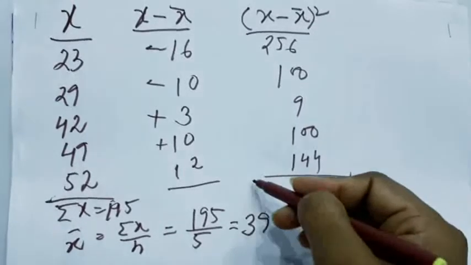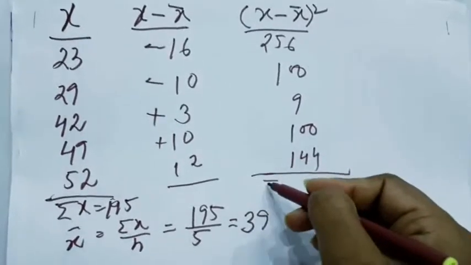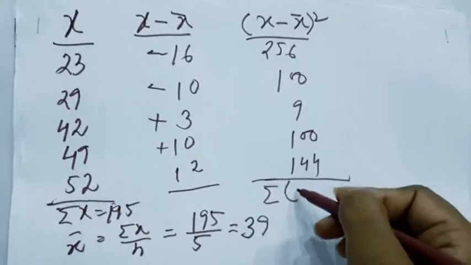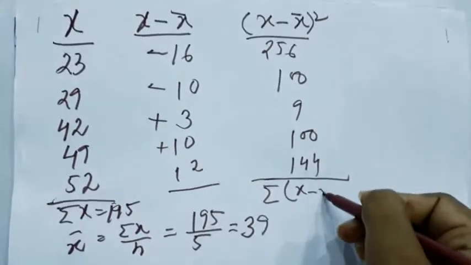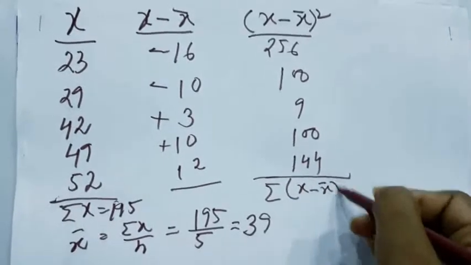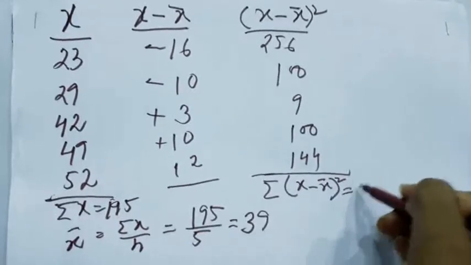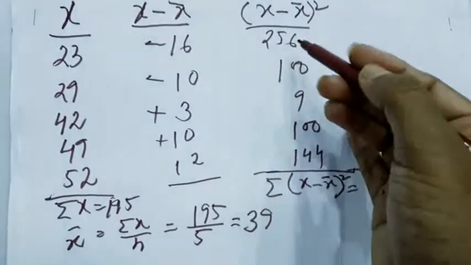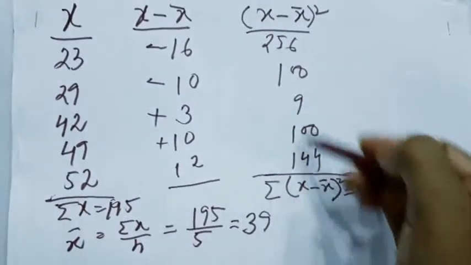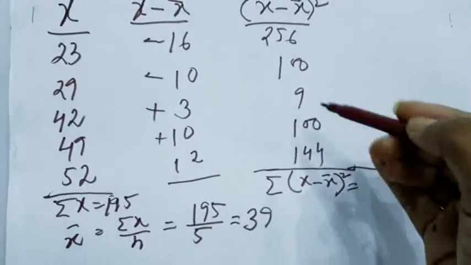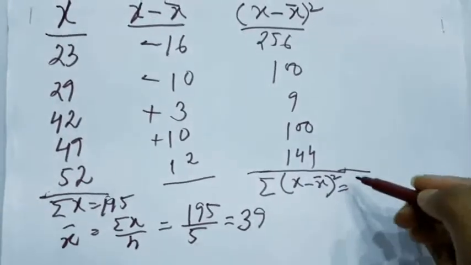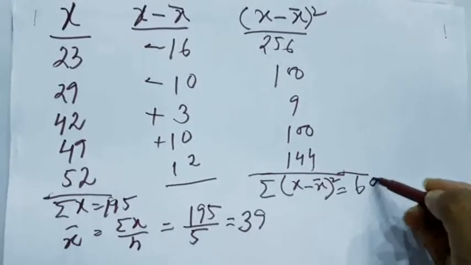Now if we sum it up, summation of x minus x bar whole square, what you will get? Calculate it. It will be 609.